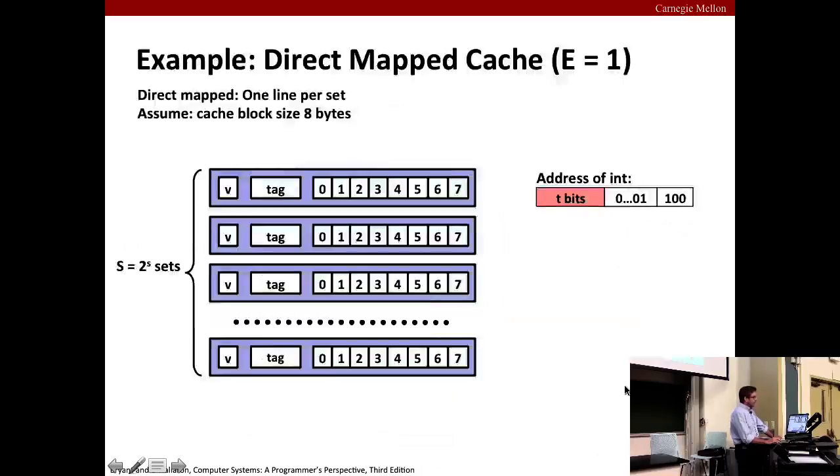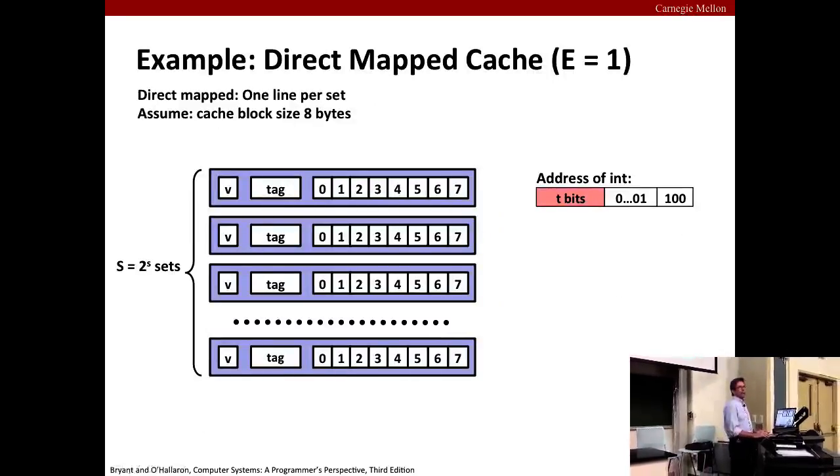All right, let's look at a more specific example for the simplest kind of cache, which is when E equals 1, when there's only one line per set. Okay, so E equals 1 line per set. This kind of cache is called a direct-mapped cache. So here we have S sets. Each set consists of a single line. And now suppose our program references a data item at a particular address.